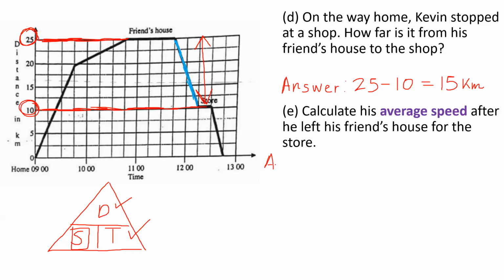So average speed is going to be equal to distance divided by time.